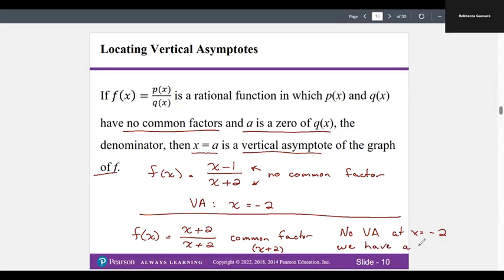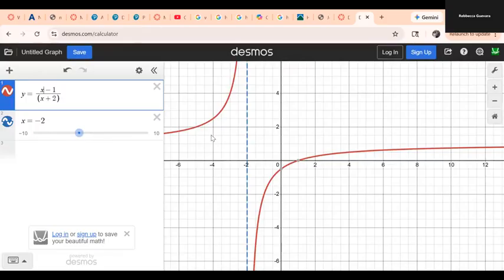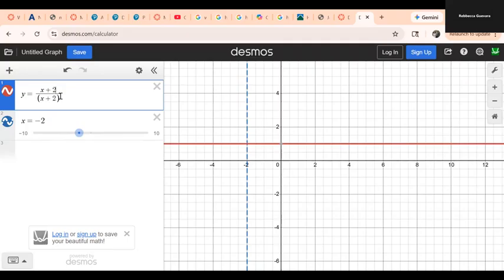What we have is a hole at x equals negative 2. Like we see here, we have that vertical asymptote because they're not common factors. However, if I make the top now x plus 2, we get a straight line, but it's still going to be undefined at negative 2.